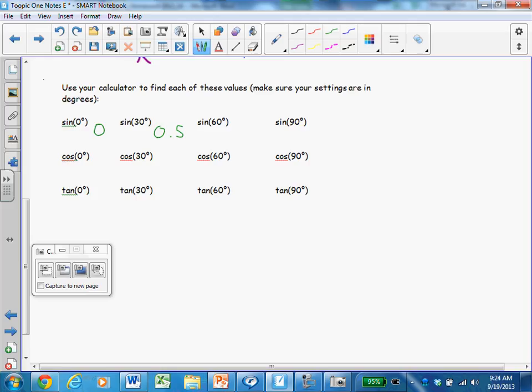I've got to change it to degrees. How do I do that? Hit F1? Yes. Okay. So now it's in degrees. So now when you do sine of 30, it's 0.5. Okay? Anyone else need help? Oh, don't do second. Just do sine of 30. Okay? Anyone else not having their calculators work?